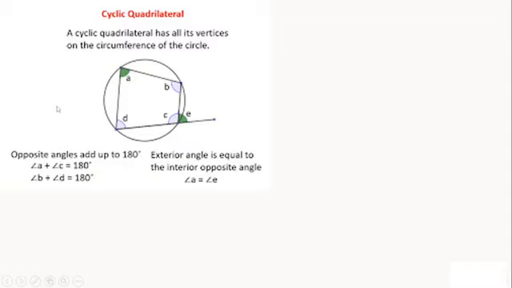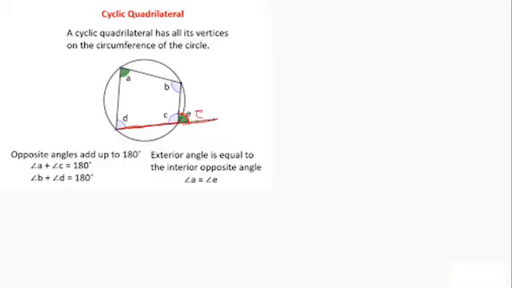Now, there is something that I want you to focus on. This is the chord, and you can see it has extended up to here. From here we have an angle, which is angle E. This angle E is an exterior angle. So the exterior angle is equal to the interior opposite angle.